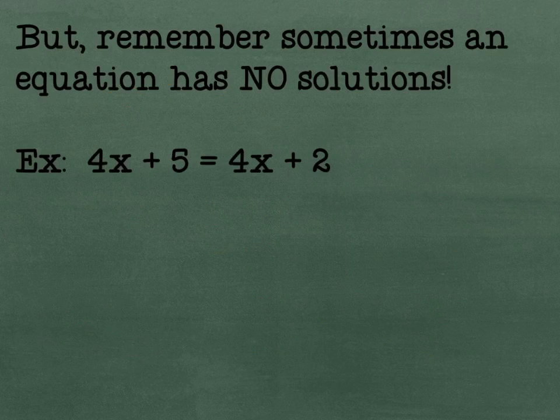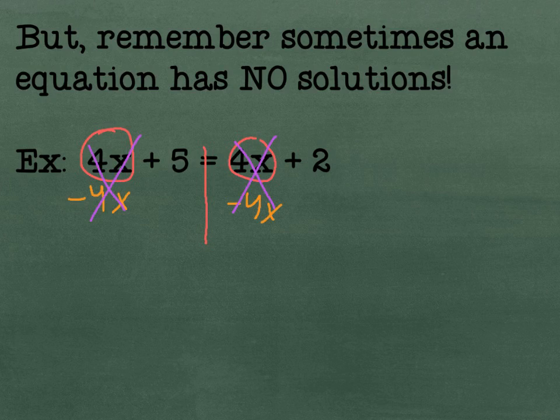But remember, you learned recently that sometimes an equation has no solutions. For example, again, I'm going to draw my wall. I'm going to go ahead and put both of my variable terms on the same side. So I will subtract 4x from both sides. And I know that when that happens, these are gone, those are gone.